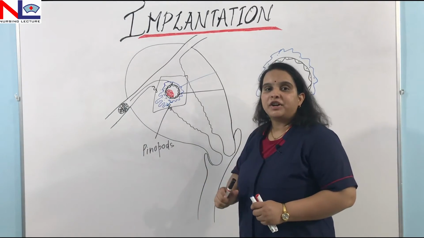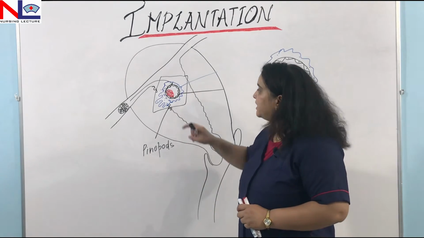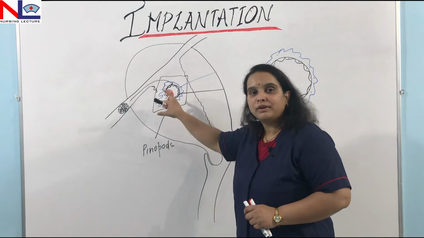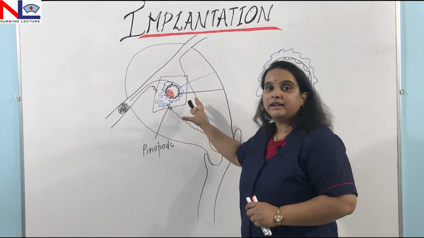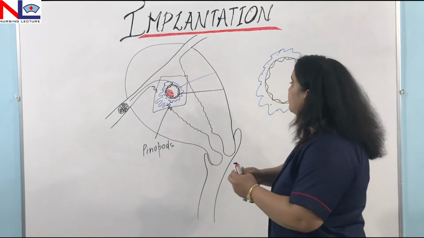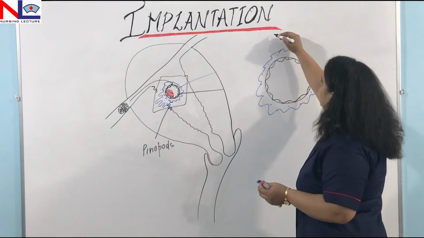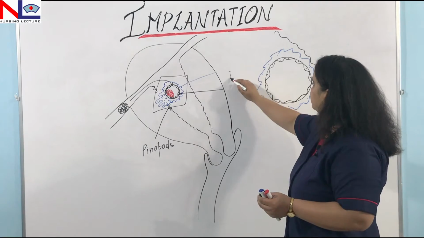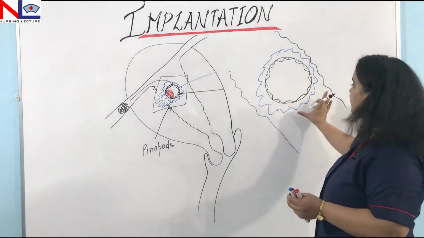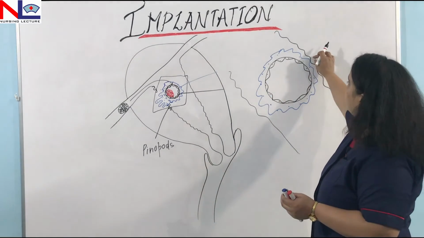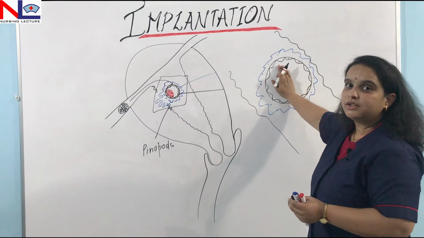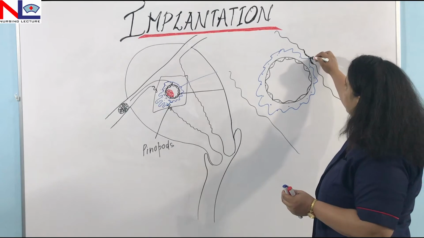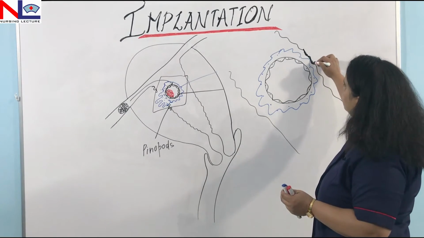So as the penetration or invasion begins, what is happening here is that this whole structure goes inside this endometrial lining and is completely buried inside this endometrium. So here it is, the endometrial lining, and after complete invasion, this is the endometrial lining, that is the functional layer. As the invasion completes, a fibrin clot develops here, and this closes the wall.